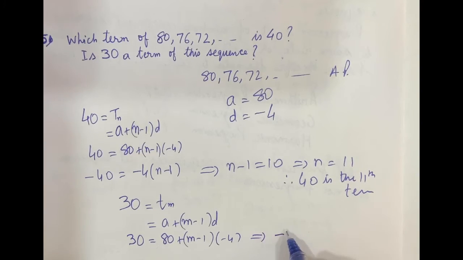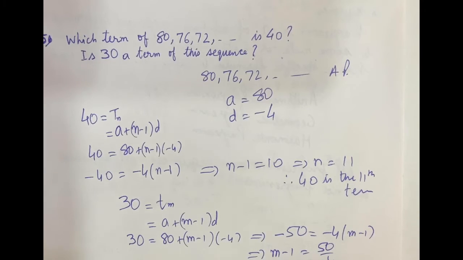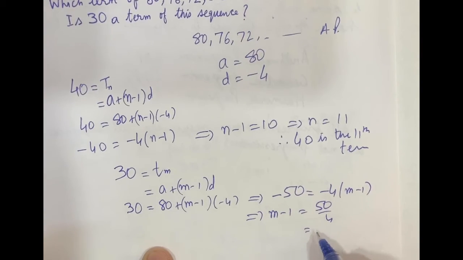This means minus 50 is minus 4 into m minus 1, or m minus 1 is 50 upon 4, which is 25 by 2, or m is 27 by 2.